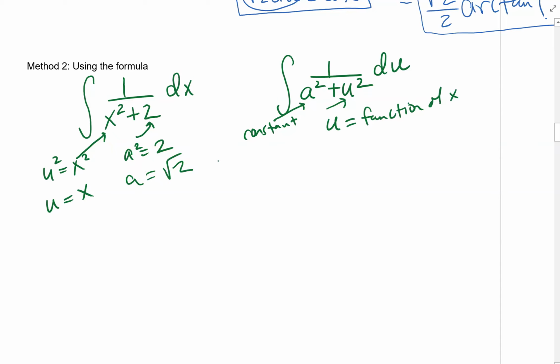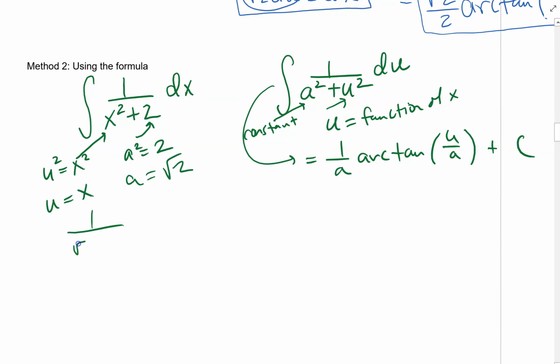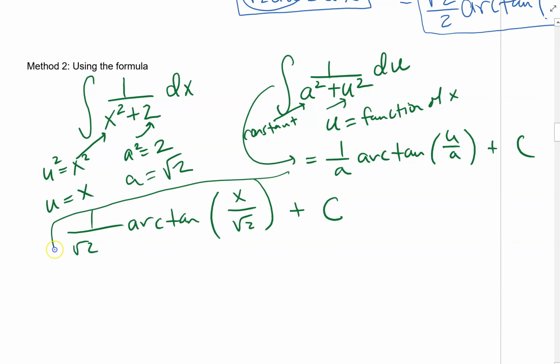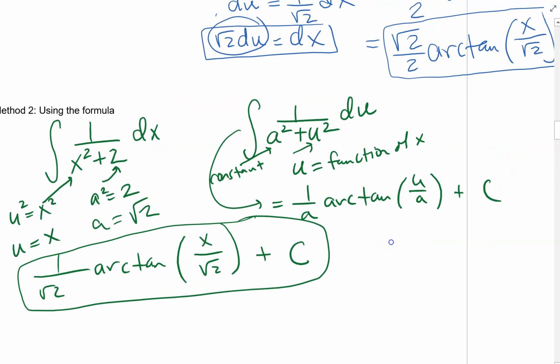Now the formula says that this will then equal 1 over a times arctan of u over a plus c. A was the square root of 2, so it's 1 over the square root of 2, and then u was x, and the a was the square root of 2, plus c. This answer is the same thing we got here.